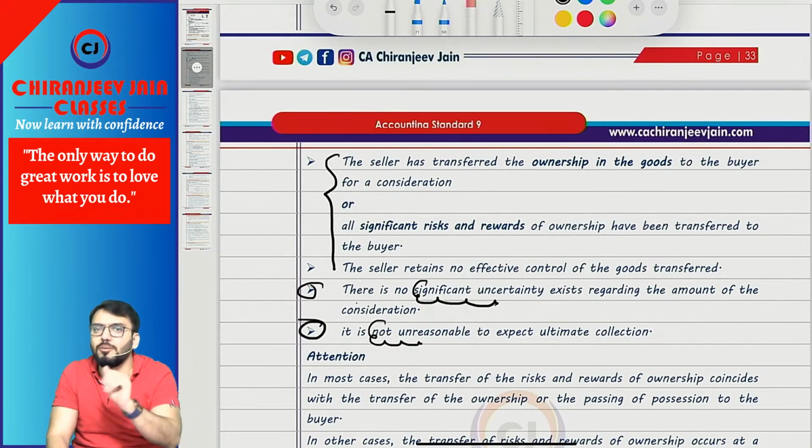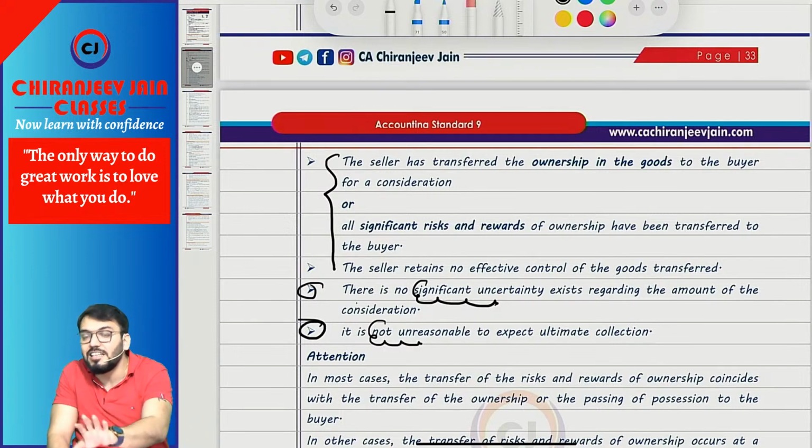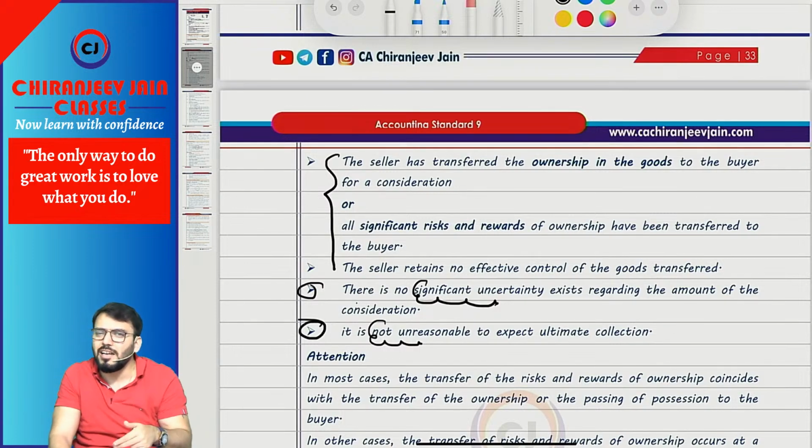It means there is a certainty of collection also. So in the exam, don't write that there must be certainty of collection, because when you say certainty of collection, that has a different meaning, and when you say it is not unreasonable to expect ultimate collection, that has some other meaning.